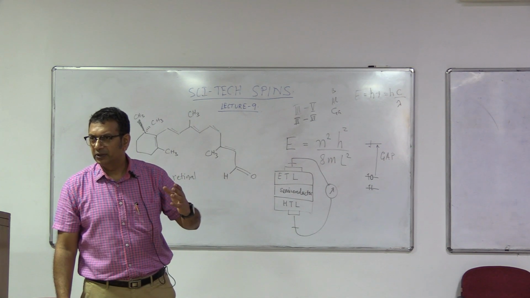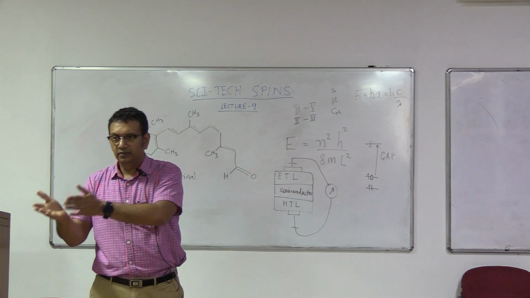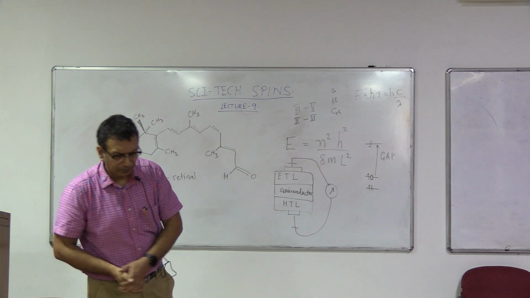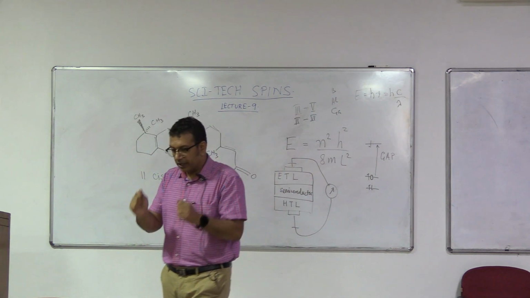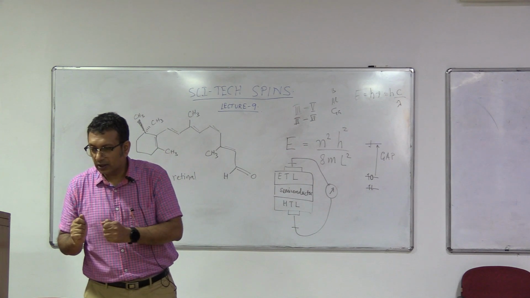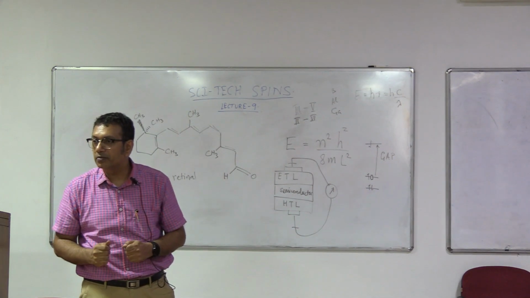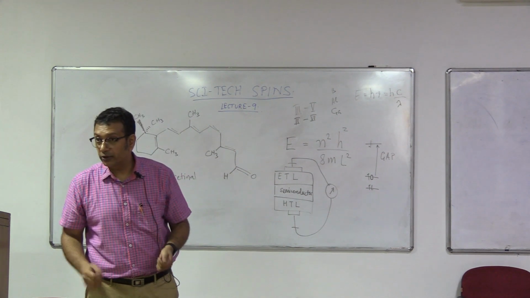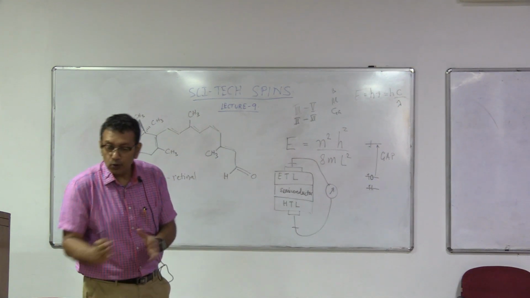Cadmium, zinc, mercury, sulfur, selenium, oxygen. But you need to choose your materials so that you can access whichever region of the electromagnetic spectrum you're interested in. Now, gallium nitride, I already told you, was something in the blue ultraviolet.